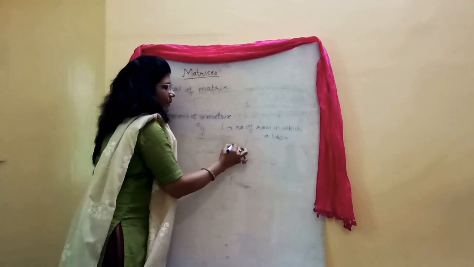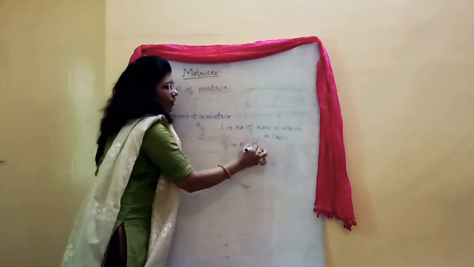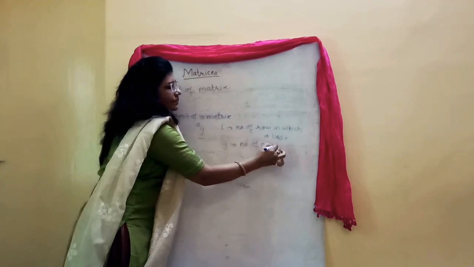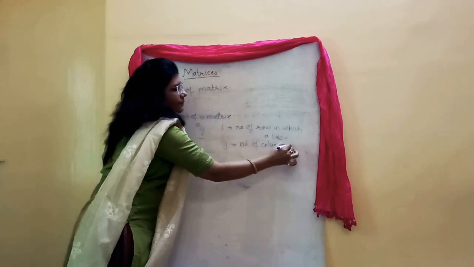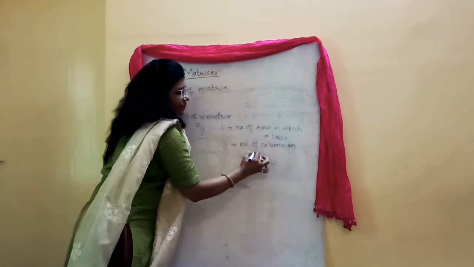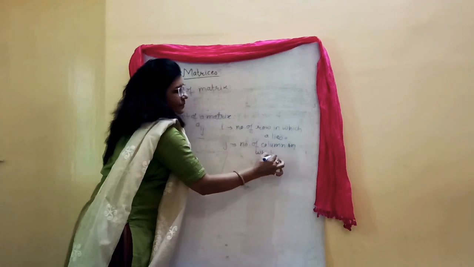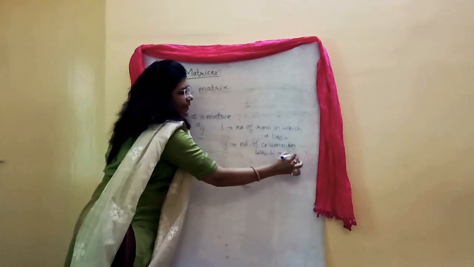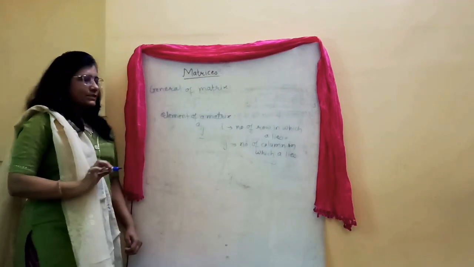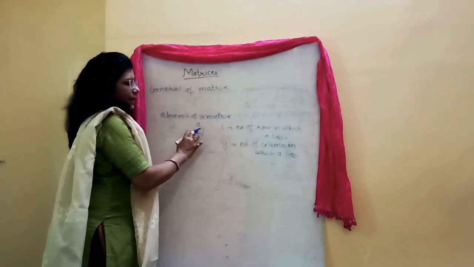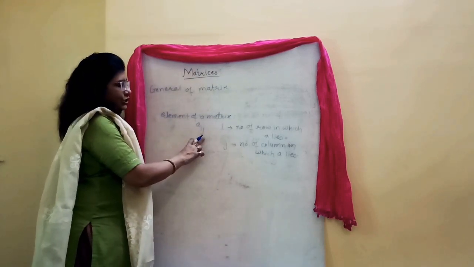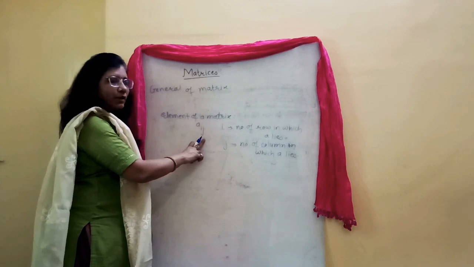And what does J represent? That is the number of column in which element A lies. What is this? Aij, where I denotes the number of row and J denotes the number of column.